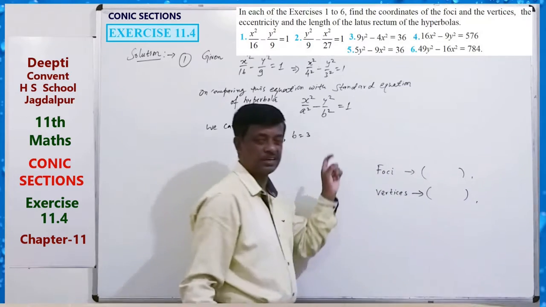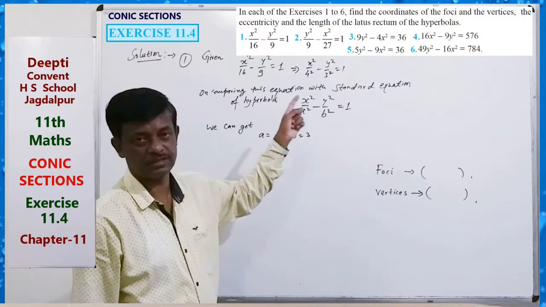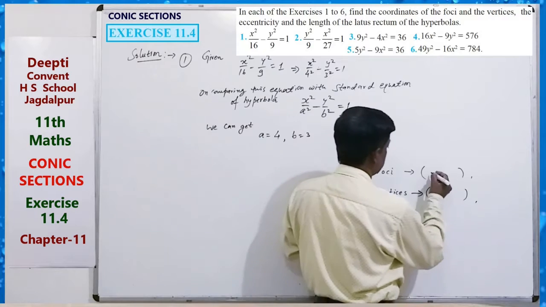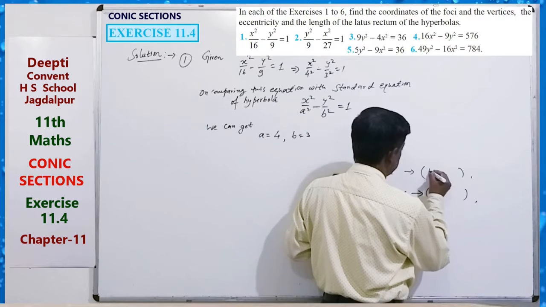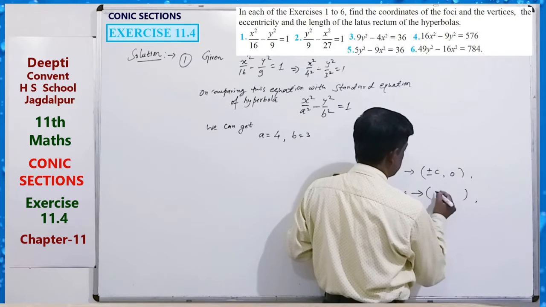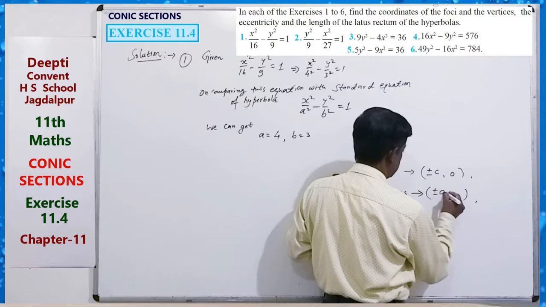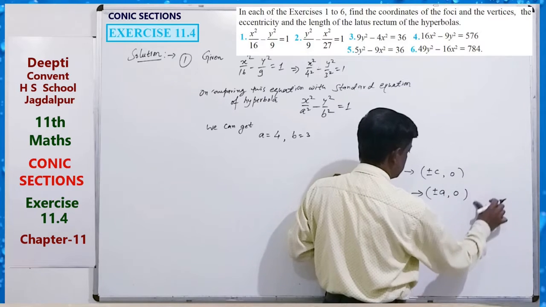Because it's standard form, its transverse axis is along the x axis, so its foci will be plus minus c, 0, and vertices plus minus a, 0.